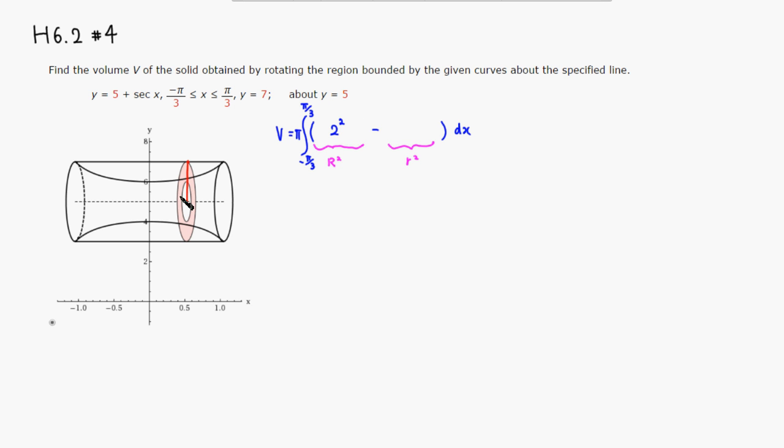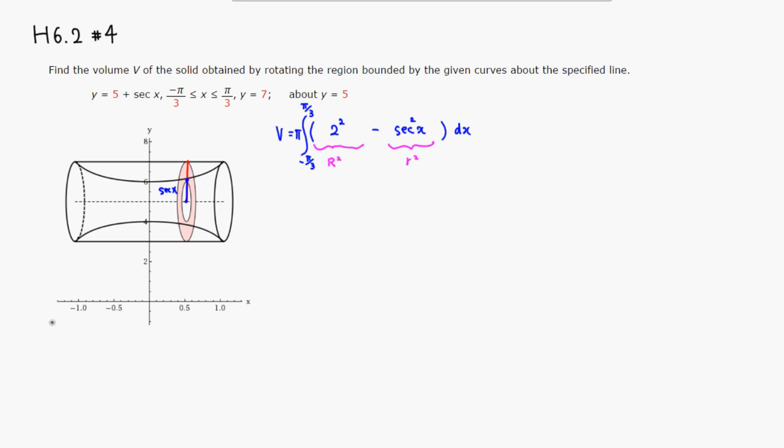We're going from the axis to the inner radius, which is determined by 5 plus secant of x. So the distance is 5 plus secant of x minus 5, which is just secant of x. So you have secant of x squared.